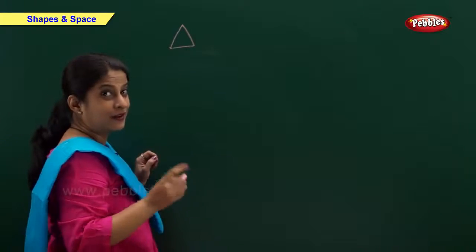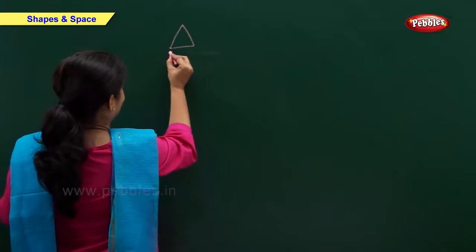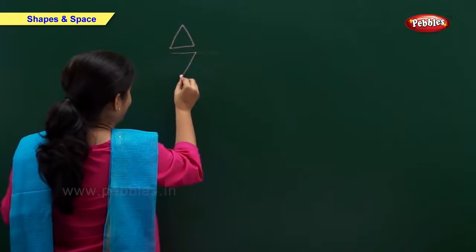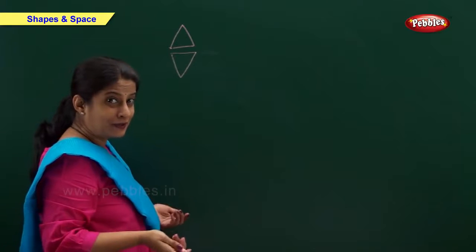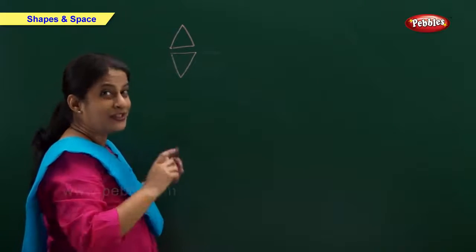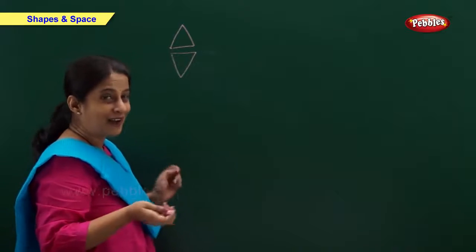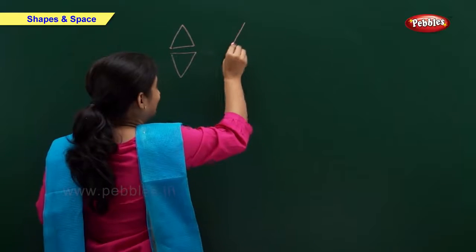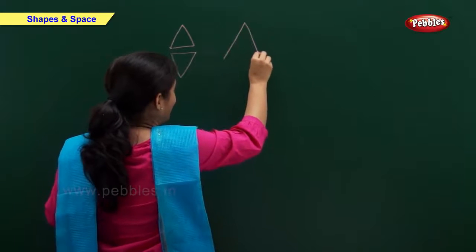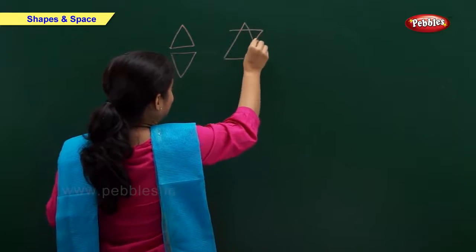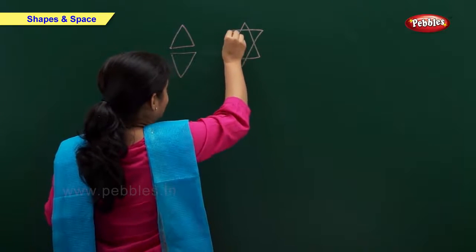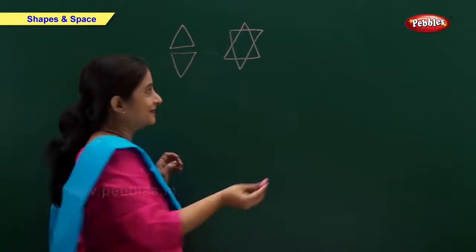I have a triangle here. And there is one more triangle. And now let's overlap these triangles and make a star. Star.